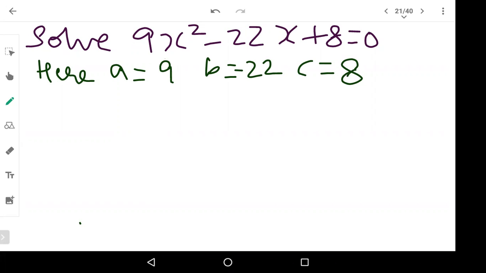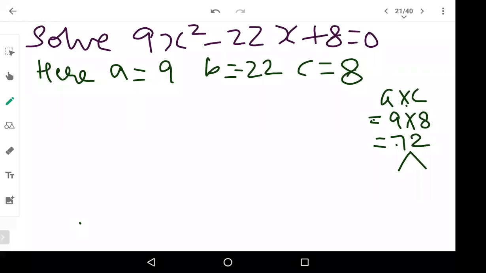C is equal to 8. Now A into C is 9 into 8. So what will be the number? 9 8s are 72.